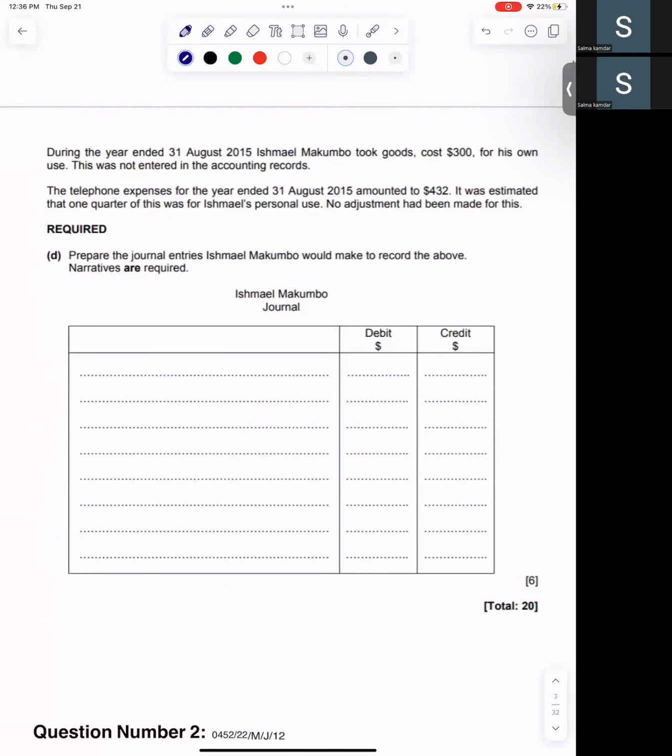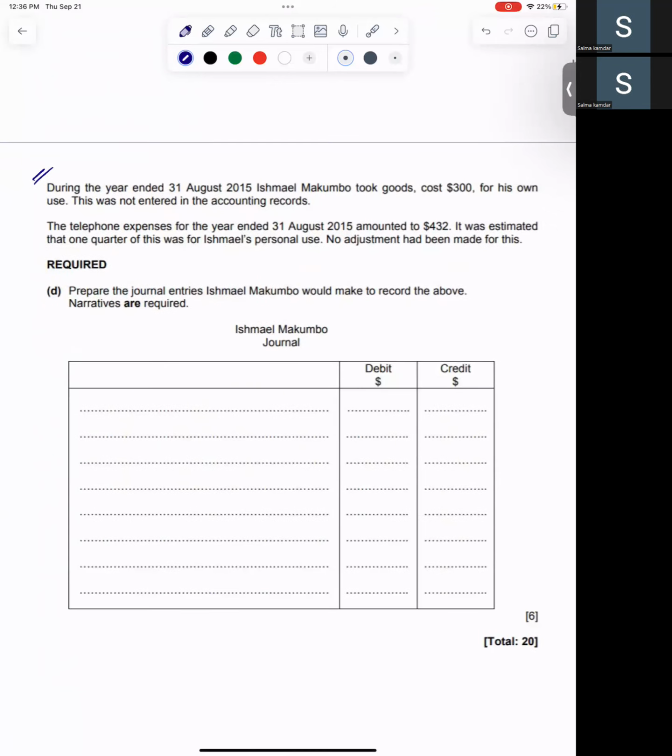Let's look at the journal that they've asked us to prepare. During the year ended 31st August 2015, Ishmael Makumbo took goods costing 300 for his own use. That means he has taken drawings, and drawings is in goods. What is the journal entry when you withdraw the goods? You can do drawings in cash or you can do drawings in goods. Entry for drawings is always debited.